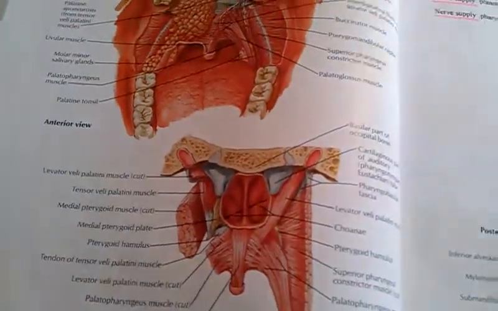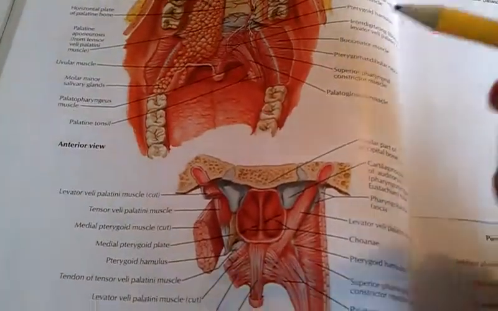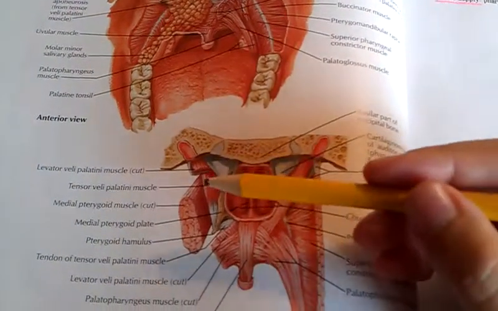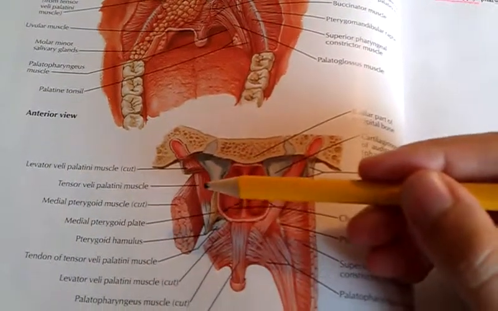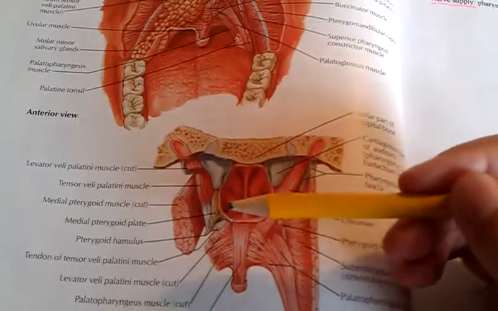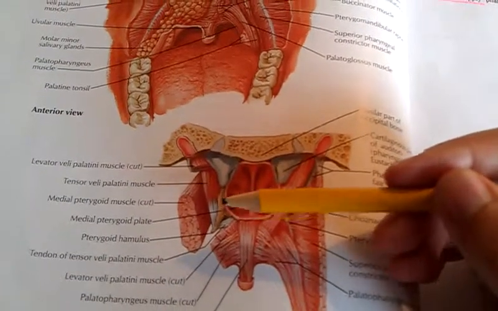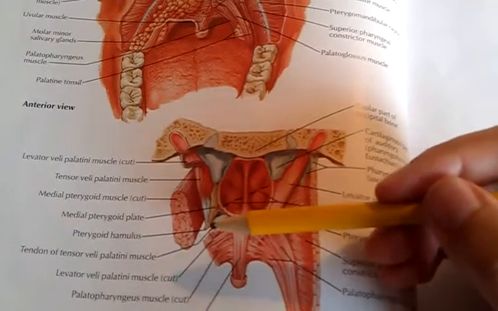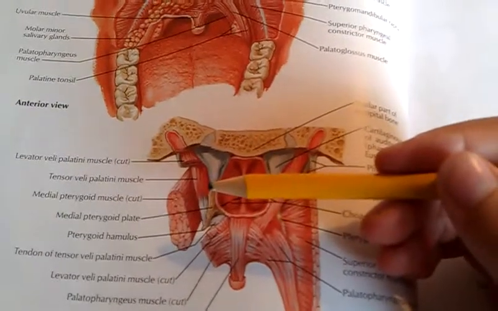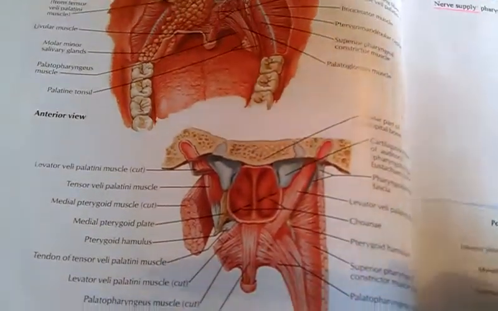Now the origin and insertions of these muscles. Tensor veli palatini muscle originates on the sphenoid bone and inserts on the palatine aponeurosis. And the action is that it tenses the soft palate. It's called tensor.